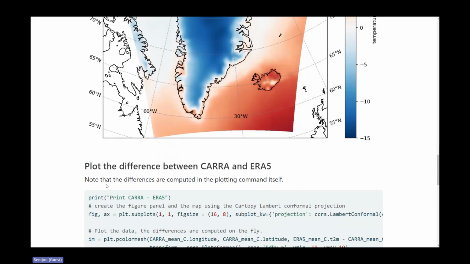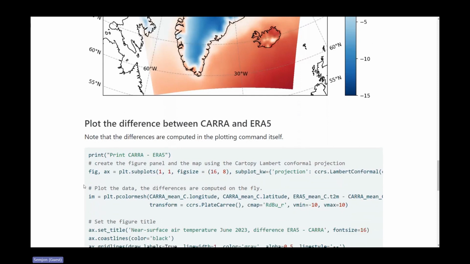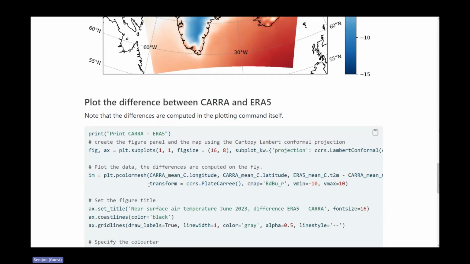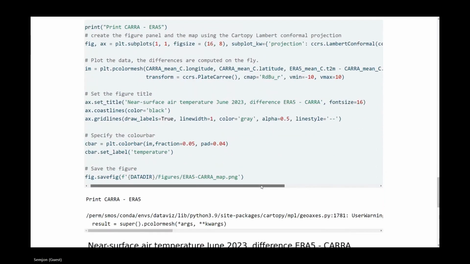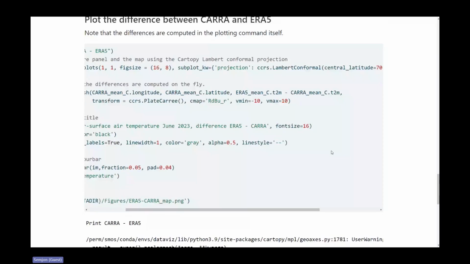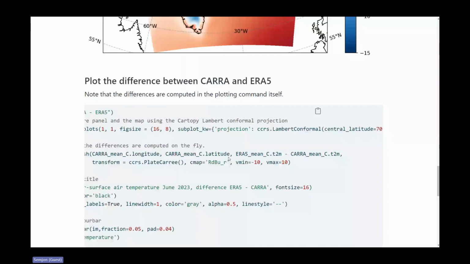And then the next step, we're simply plotting the differences, which is not complicated anymore after the interpolation, as the data is on the same grid. So what's happening here is that we use these longitude and latitude information, and we simply take the difference between the mean for June, the data that we downloaded, so ERA 5 minus CARRA data, specifying the limits, the title and so on, and then the figure is printed.